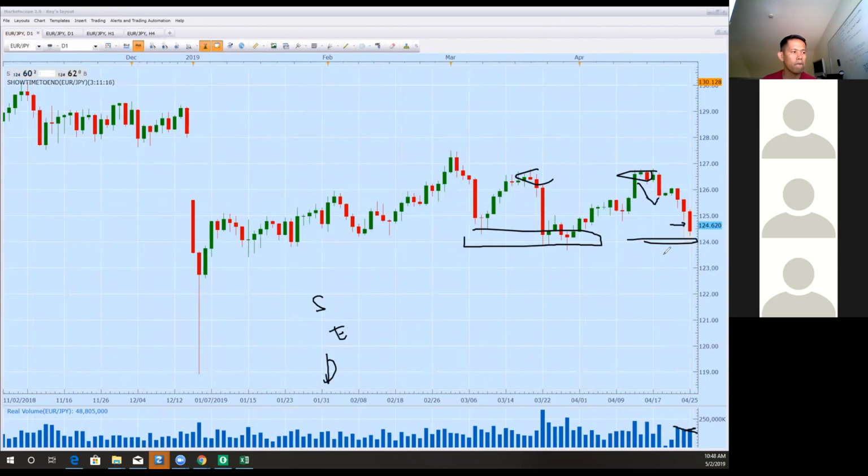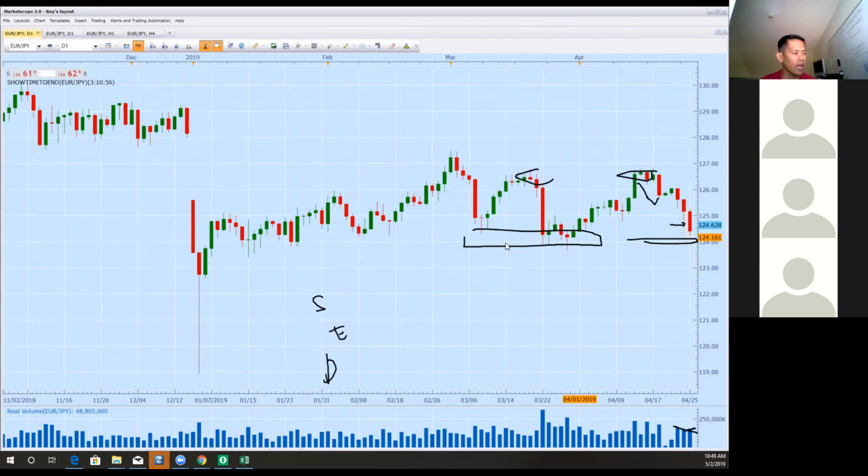So if the last low price is at 123.66 and it is approaching 123.66, the question now is, can they break that? Can they break this area of demand? It takes a lot of power in order to break it. Why?